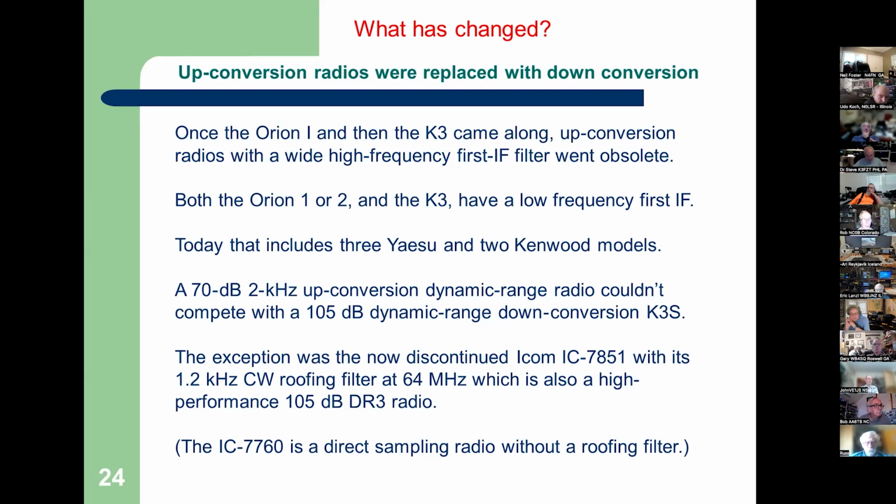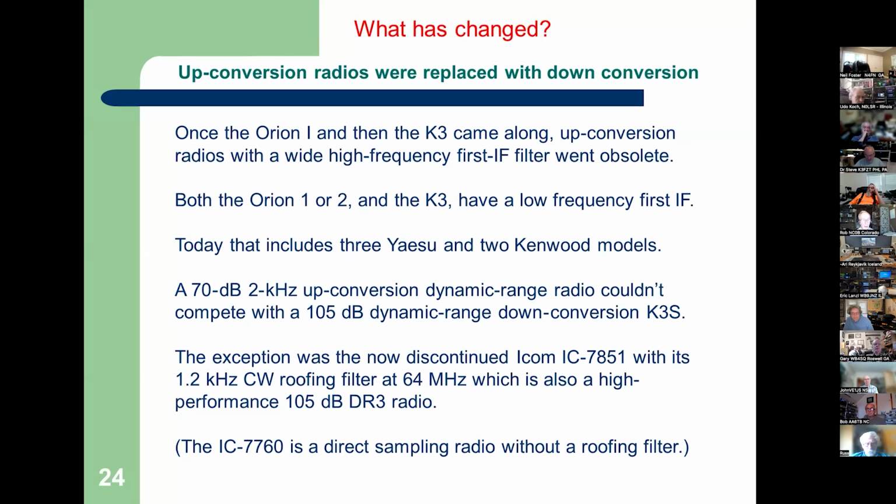So both the Orion 1 and the slight improvement in Orion 2 and the K3 and then the K3S have a low IF. And now that includes 3 Yaesu rigs and 2 Kenwood models. The typical 70 dB, 70 at 2 kilohertz, up conversion dynamic range couldn't compete with down conversion radios like the K3S, 105 dB.